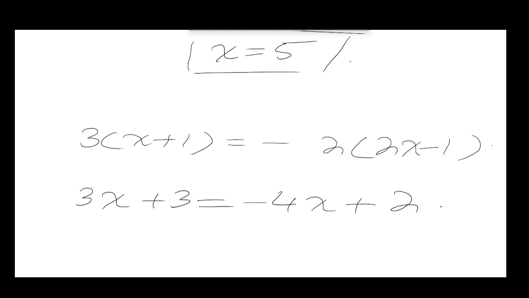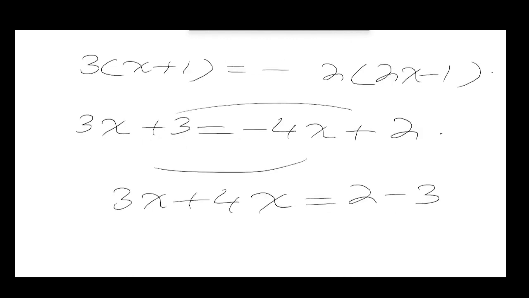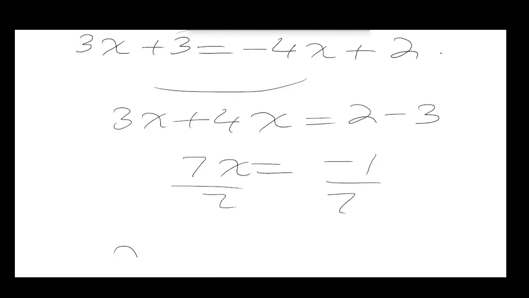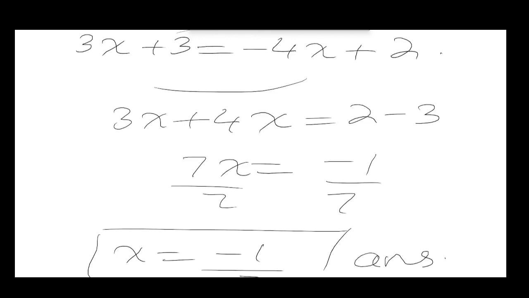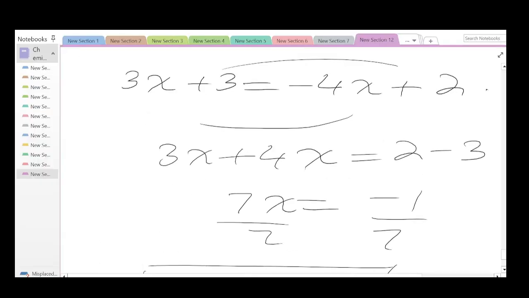Okay, so now this will go here, this will go here. So 3x added with 4x will be equal to 2 minus 3. So here we have negative 1 and here we have 7x is equal to negative 1. So 7 will be divided on both sides. So our answer is negative 1 by 7. So our final answer are these two, positive 5 and negative 1 by 7.